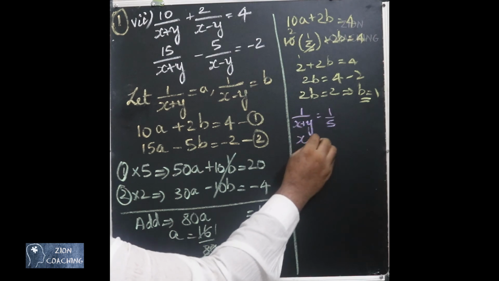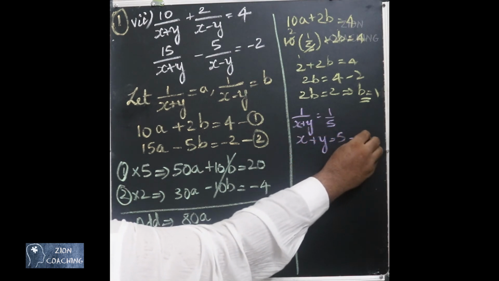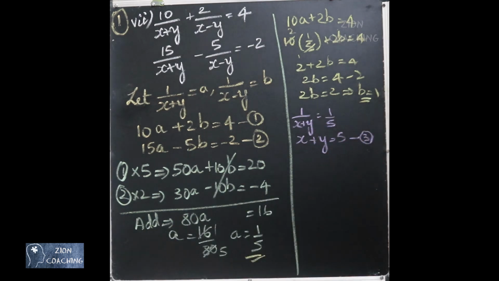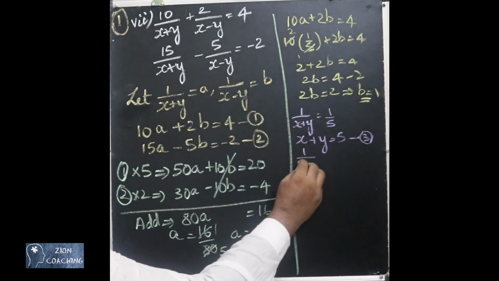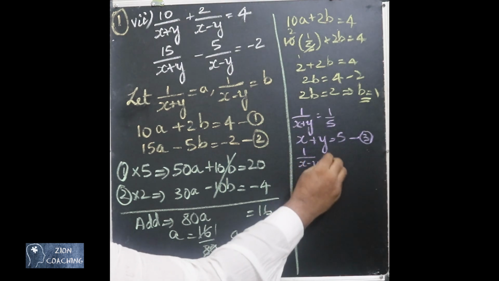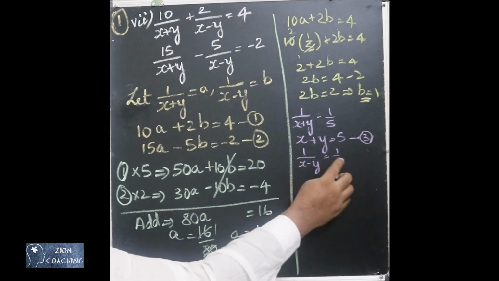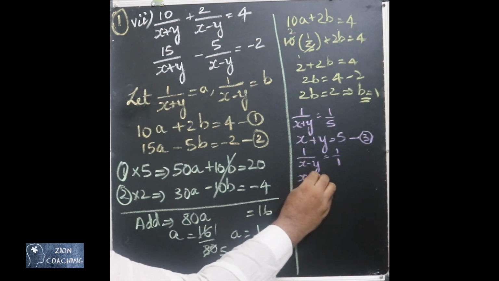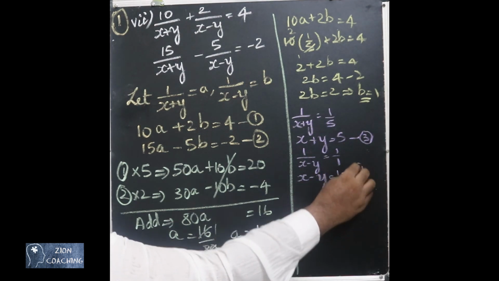So we get x + y = 5. Keep this as equation 3. Then the second one, we have 1/(x−y) = 1, that is 1/1. Since the numerators are equal, denominators also will be equal. Then we have x − y = 1. Keep this as equation 4.